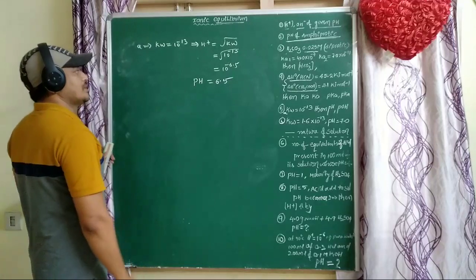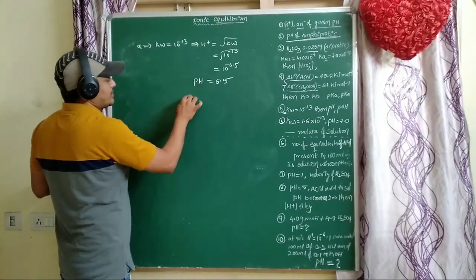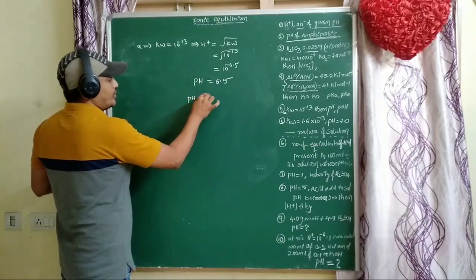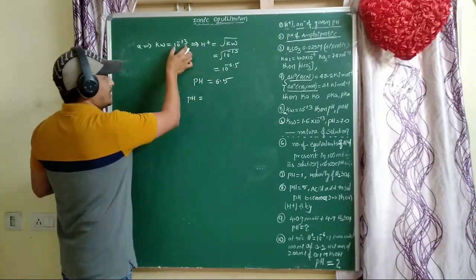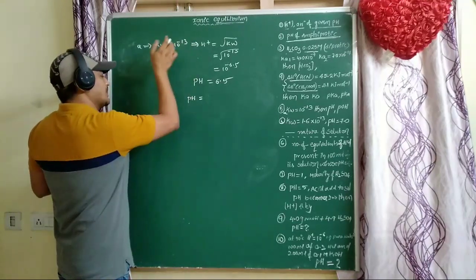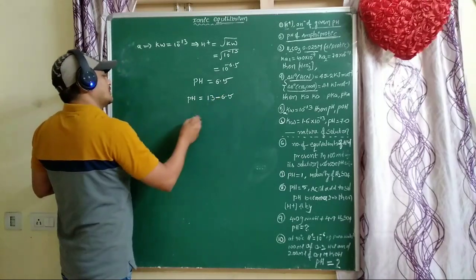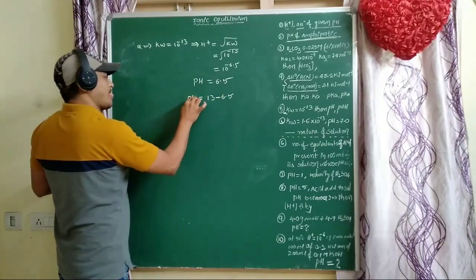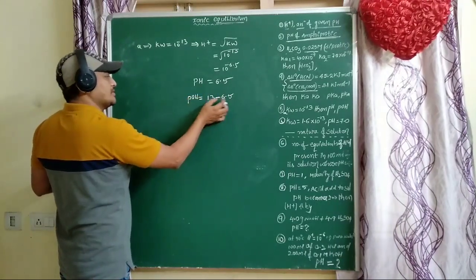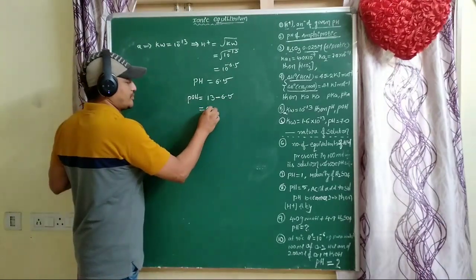So pH equals 6.5. Here pKw equals 13, so pOH equals 13 minus pH, that is 13 minus 6.5, so the pOH value is also 6.5.